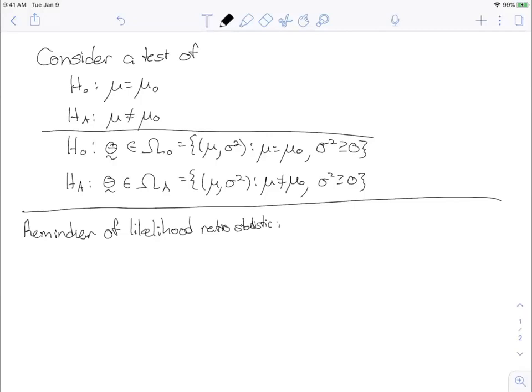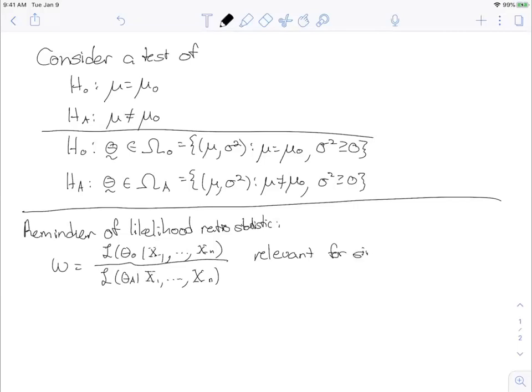So for the likelihood ratio statistic, we said that this is W, and this was the likelihood of theta 0 given x1 through xn, divided by the likelihood of theta A. And so this is relevant if we have simple versus simple hypotheses, because then you have a value for omega 0 and a value for omega A. So then the question is, how do you adjust this for the setting that we're looking at now, where you have sets of values?